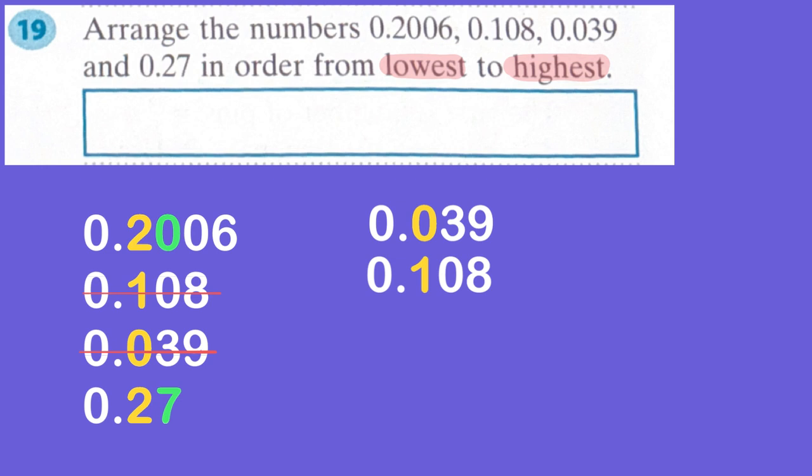So we start looking at that. Which is the one which is the lowest? The one with the 0. So we can move that one here and cancel it, and the highest digit is the one that is 0.27. So I'll move that digit up here.